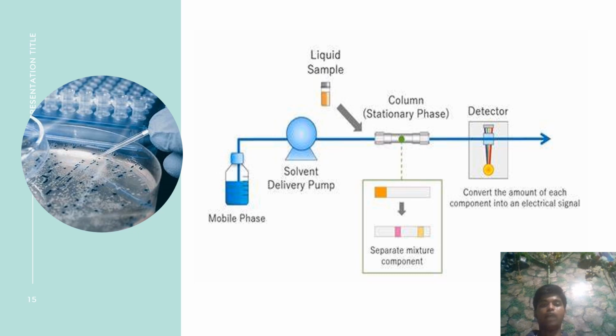So moving on to high performance liquid chromatography, which is HPLC. If I were to give an analogy to explain this chromatography, imagine you have a jar with marbles of different colors, and you pour these marbles down a tiled board. The board has small barriers and paths that can slow down some marbles but let others pass quickly.